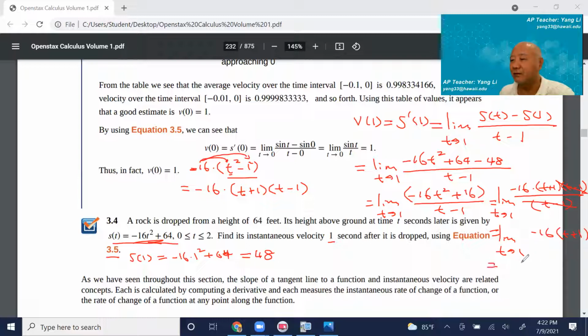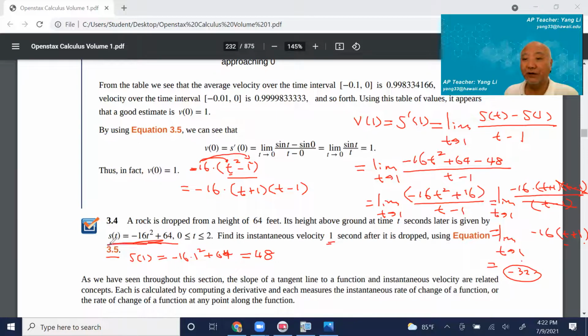Plugging in t equals 1, 1 plus 1 is 2, times negative 16 is negative 32. Here we used the definition of derivative to find the velocity at t equals 1 for the free-falling object.